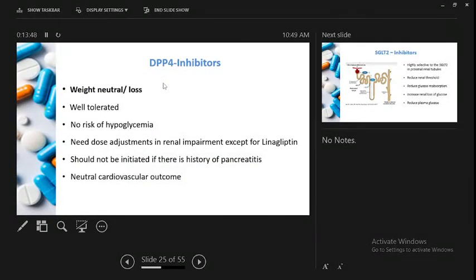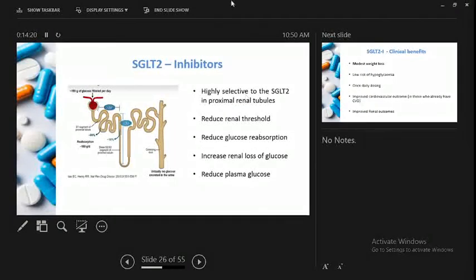Again, they are proven to be weight neutral, not really causing weight loss, and it is a well tolerated drug, and there is no risk of hypoglycemia unless you use it in combination with insulin or sulfonylureas. Except for linagliptin, they need renal dose adjustment in the presence of renal impairment, and the cardiovascular outcomes are neutral with this drug.